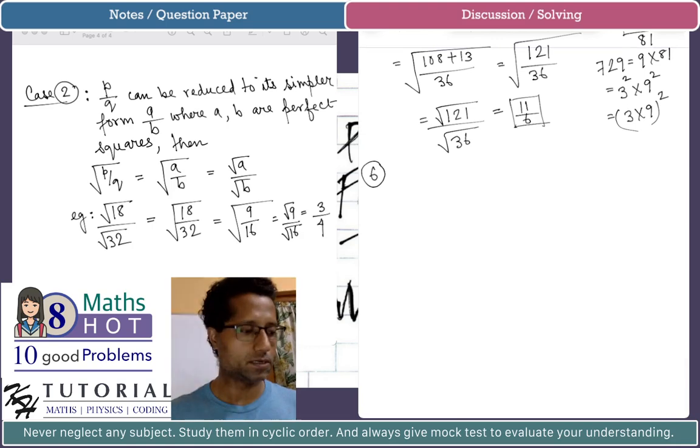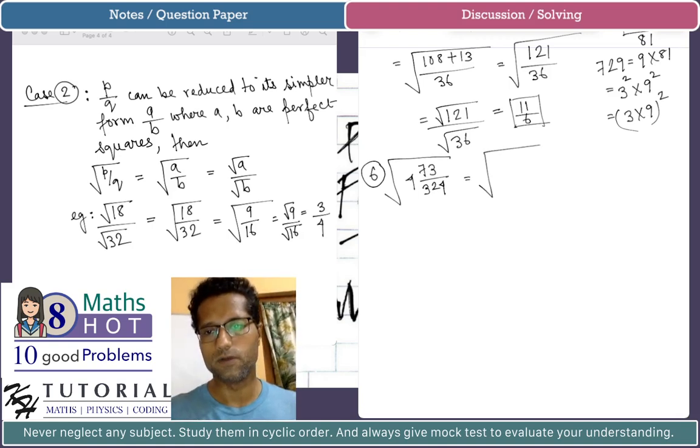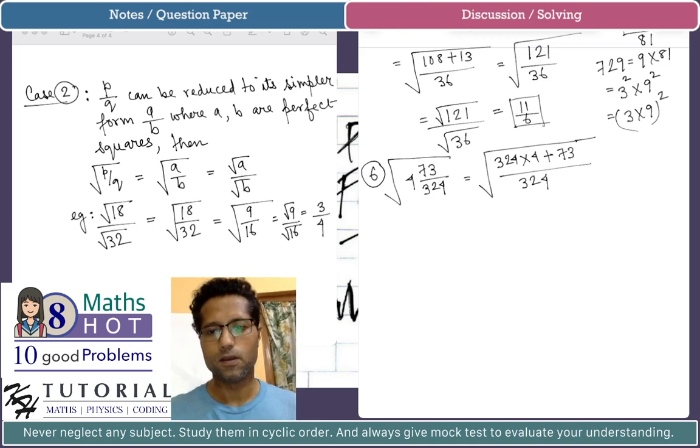The given fraction is again a mixed fraction, 4 and 73 by 324. We have to find this. Let's first convert the mixed fraction to an improper fraction. So this becomes 324 multiplied by 4 plus 73 divided by 324. 324 multiplied by 4 is 1296, plus 73 divided by 324.